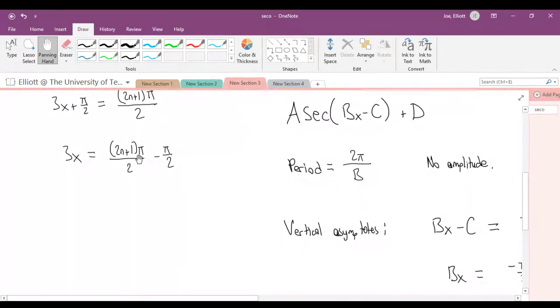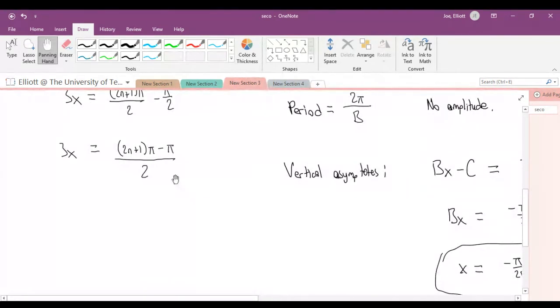Maybe one thing I'll do first, though, is let's go ahead and simplify a little bit. I have a common denominator, so if I combine the numerators together, and the numerator, if I distribute the pi, we have 2n pi, and then plus pi, and then minus pi. So we can cancel out the minus pi with the plus pi.